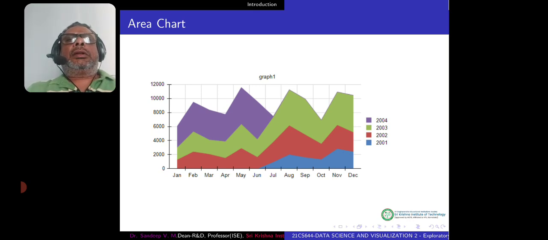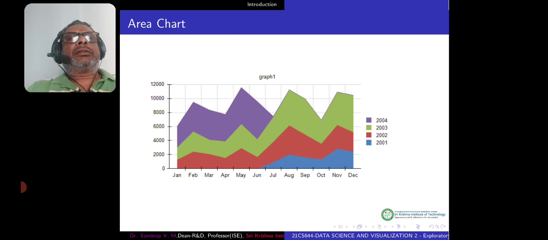So the next one we talk about is area chart. Here it is same as a line graph, but the only difference is the area below that line is colored with an appropriate color.